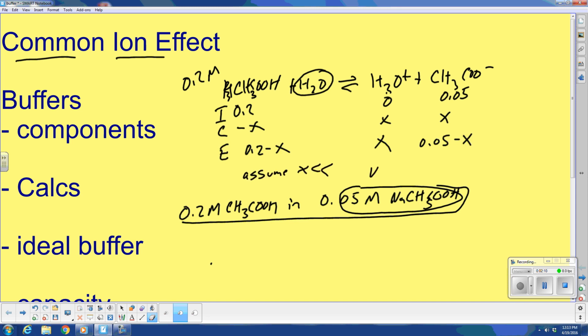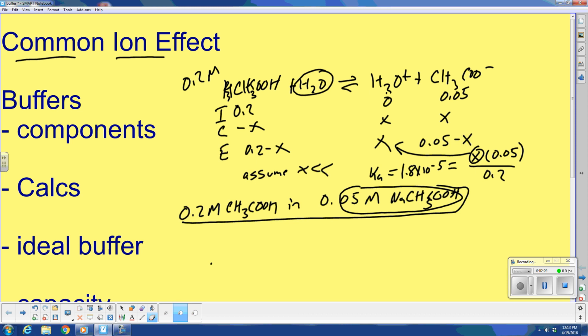And so we get my Ka, which is equal to 1.8 times 10 to the minus fifth, is equal to X times 0.05, because we assumed X is much, much smaller, divided by 0.2. And we can solve for our X, and we can get our hydronium.